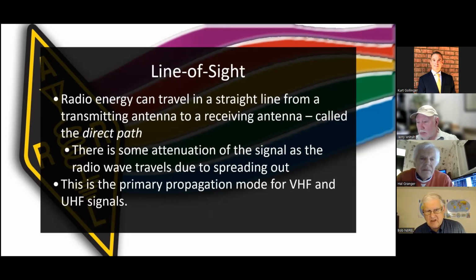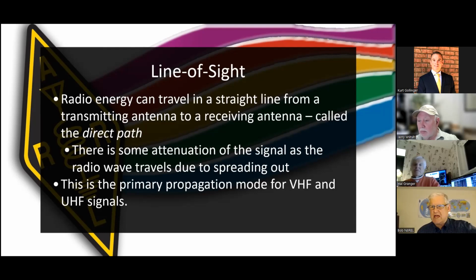Line of sight. Now, remember that radio spectrum that I just showed you. For VHF and UHF, that is essentially line of sight propagation. It's sometimes called direct path, but that's a little misleading. You don't need a completely direct path.